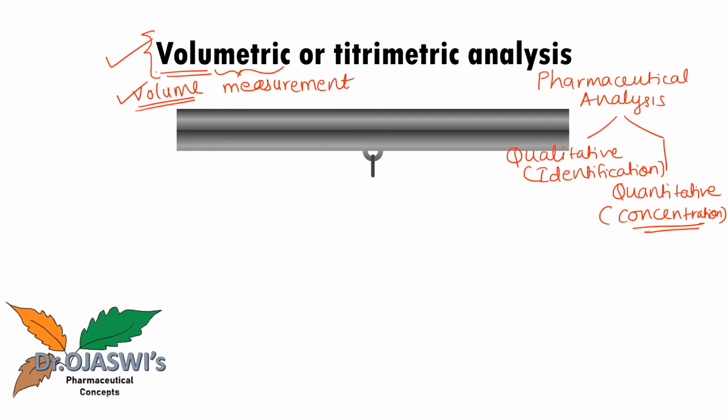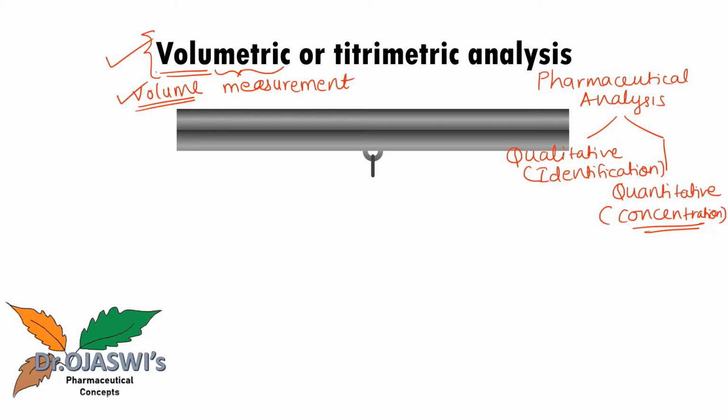How it is exactly done, and what the various types of volumetric analysis are, will be covered in the next video. For the time being, let us just understand volumetric analysis is the measurement of volume.